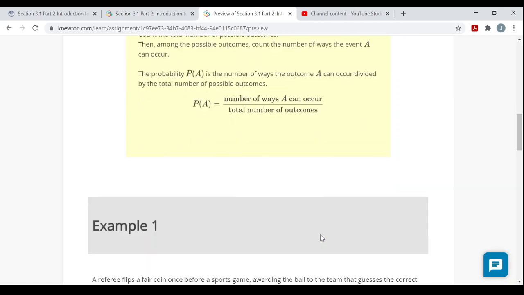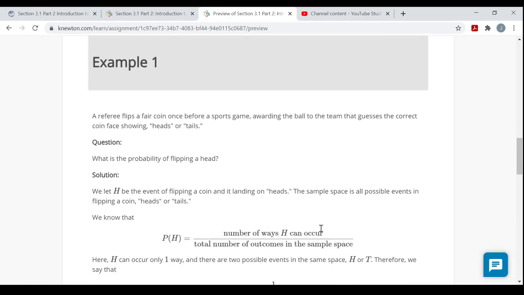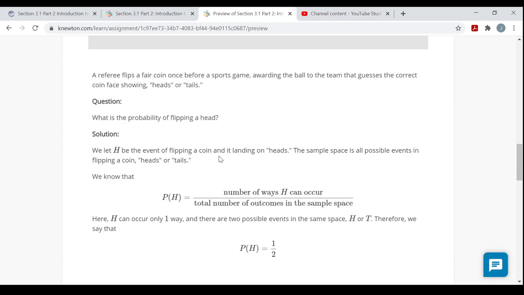Okay. So they have an example here. A referee flips a fair coin once before a sports game, awarding the ball to the team that guesses the correct coin face showing, heads or tails. What is the probability of flipping a head? Right, now the experiment here is, again, flipping a coin once.